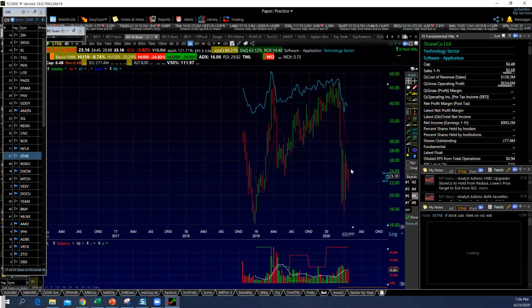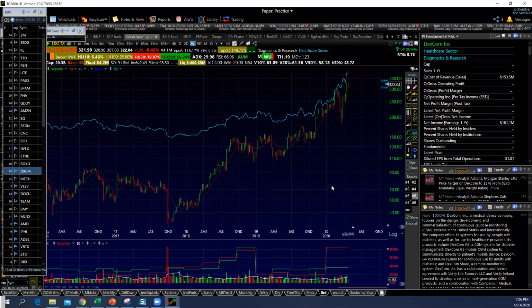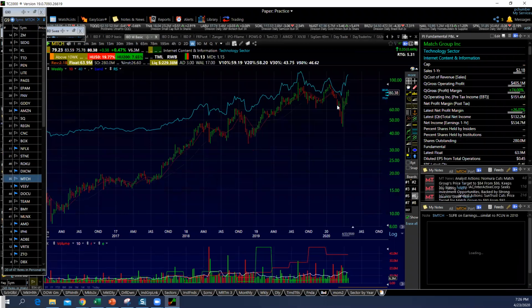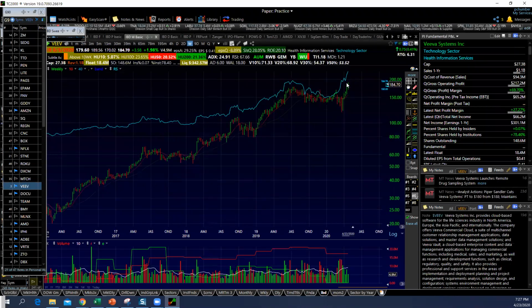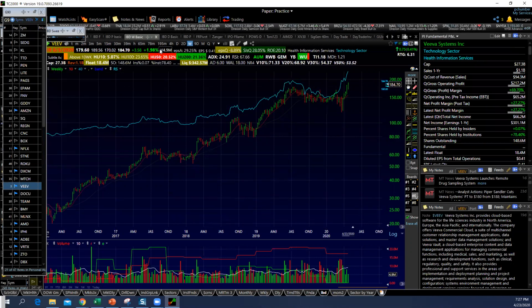Stone, just like pegs, wouldn't even touch that. Roku got some work. This broke out. Dexcom broke out last week. Solding. This is coming close. It's a nice little consolidation. Actually broken out of that. So this one's up 2%.